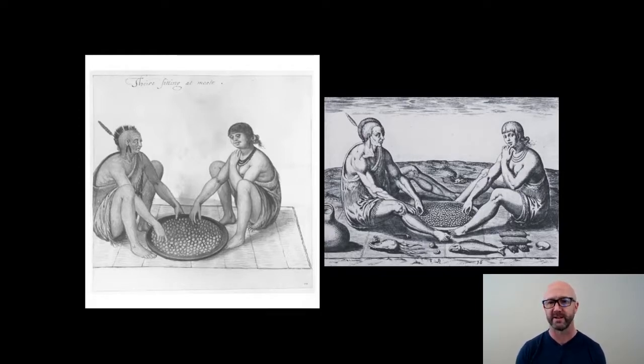He adds other things, right? Things that show the bounty. He adds some fish, he adds a squid, he adds more maize over there, which is a huge cash crop, and it's going to be here. In other words, there's more that you can have.